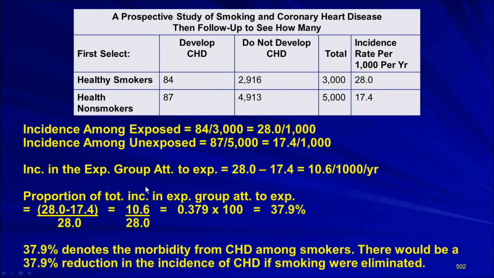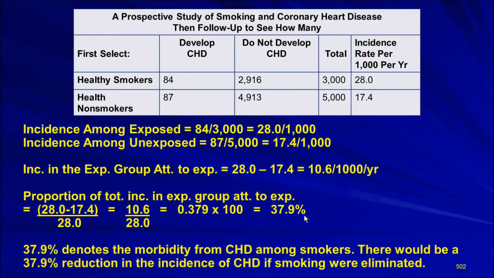Now, what's the proportion of total incidence or the incidence rate in the exposed group attributable to the exposure? So the same thing, we go the same way, and we're going to come out with a percentage in this particular case, and that I didn't emphasize before, but you know it's a proportion, so you know it's going to be expressed as a percentage.